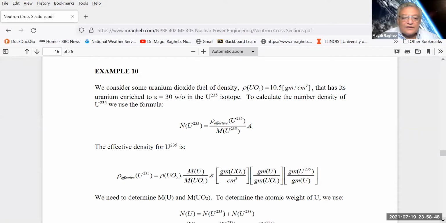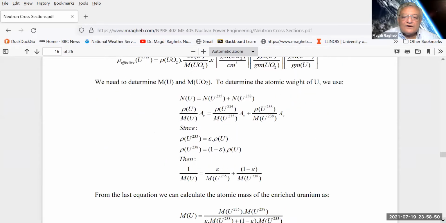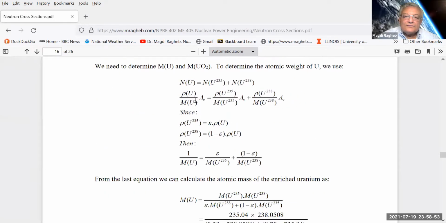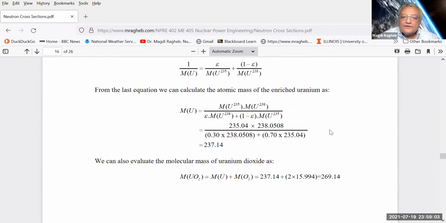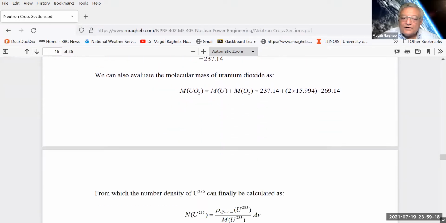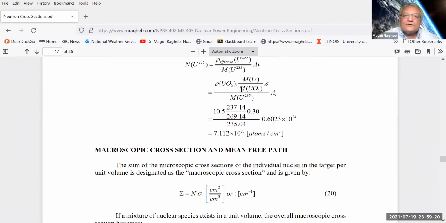And in that case, you get the mass of the number of atoms of uranium, and then you multiply by the ratio of uranium-235 in the uranium mixture, and you get an effective mass for uranium-235. I should add here atomic mass unit, and you can also calculate the molecular mass of the uranium dioxide, and you go on and you are able to calculate the number density of uranium-235.